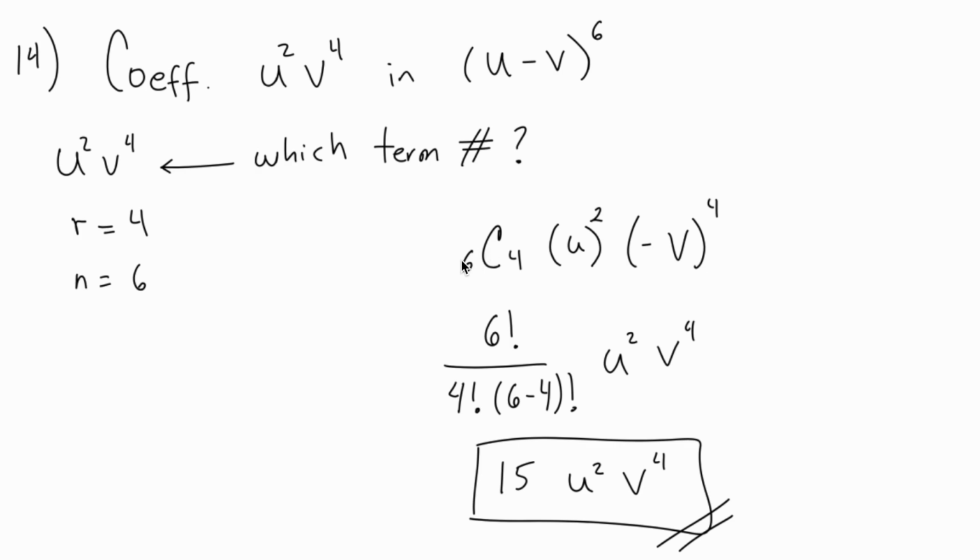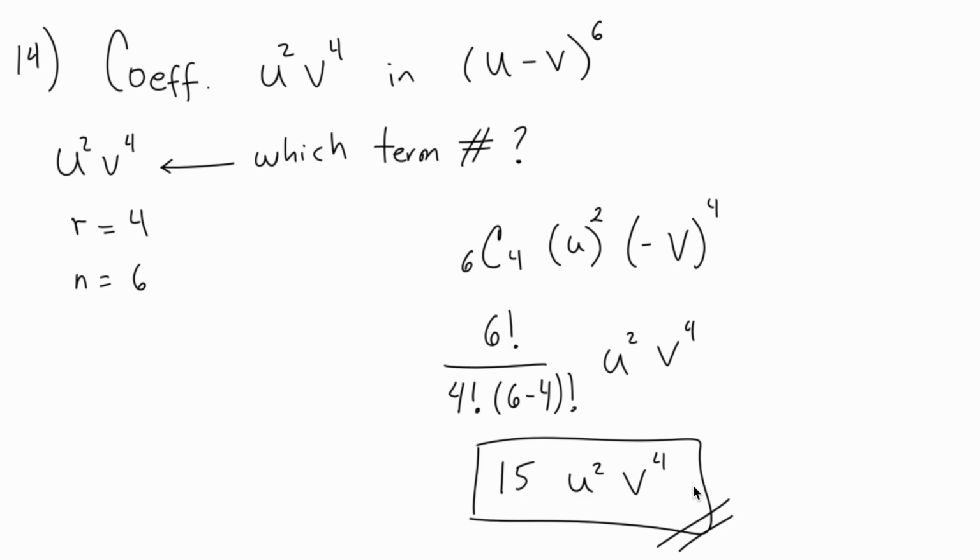That is 6 choose 4, the first one to the power of 6 minus r, that is, 2, and the second one to the power of r. u squared is u^2, negative b to the power of 4 is just b^4. 6 choose 4 is 6 factorial over 4 factorial times (6 minus 4) factorial. Put it into your calculator, that is 15. So the answer in this one would be 15, that is, the coefficient of the term u^2 b^4.